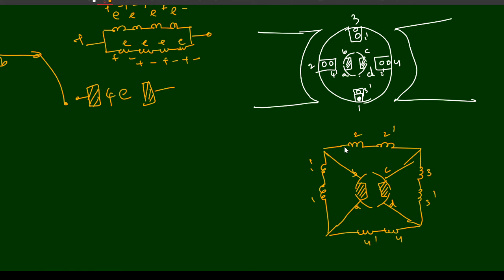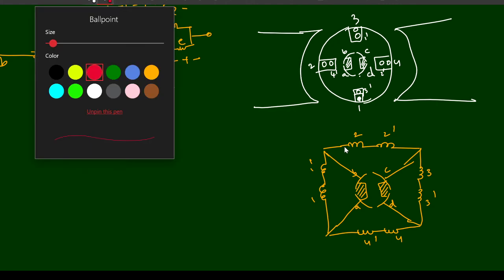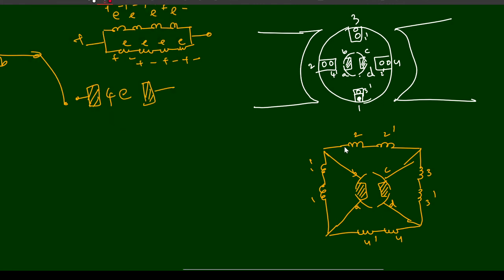Now if you notice, the current induced in these two coil sides will have a dot notation. This is a dot here, this is a dot here. That means EMF is induced in this and current is flowing like this. This is minus, this is plus.